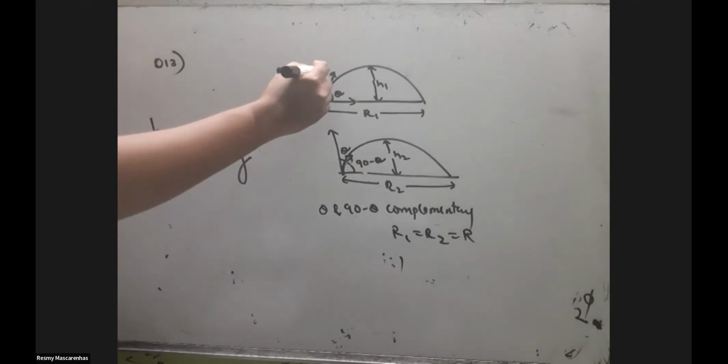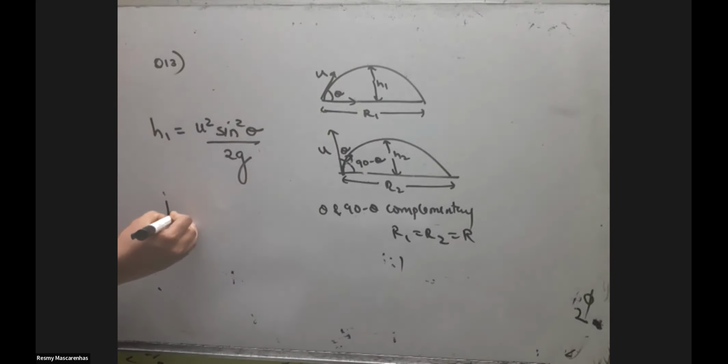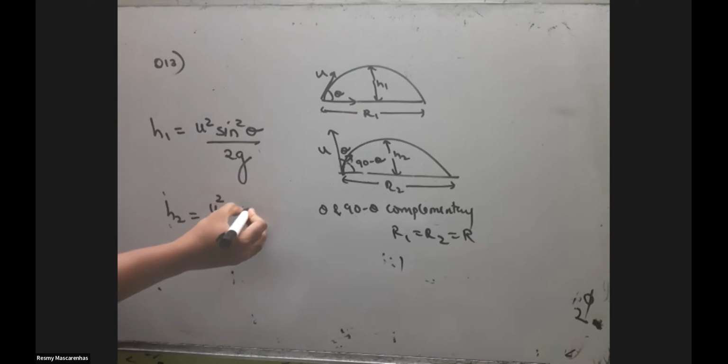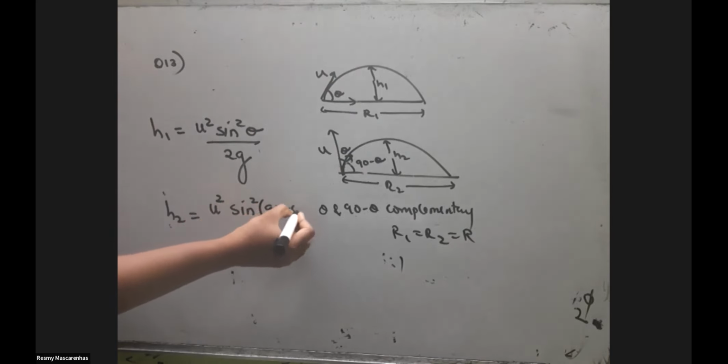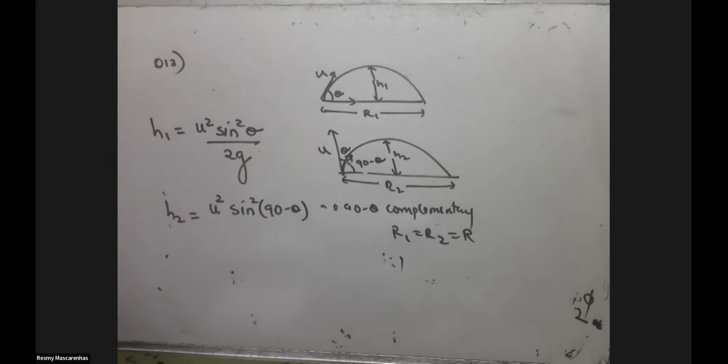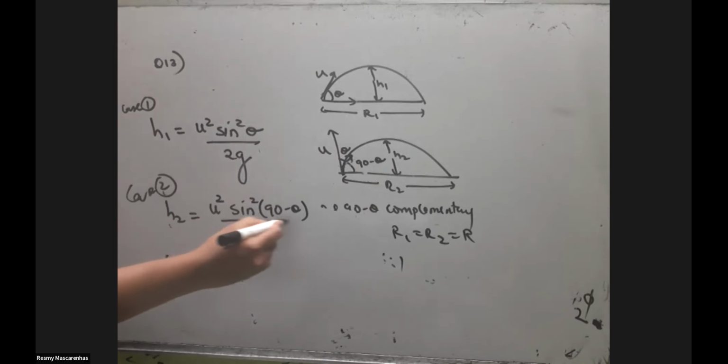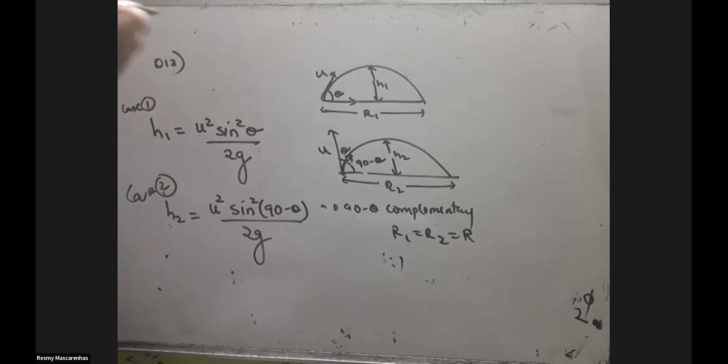Again, the same u is used. So for h2, u square, now sine square of 90 minus theta for the second case. This is for case 1, this is for case 2. Sine of 90 minus theta is in which quadrant?